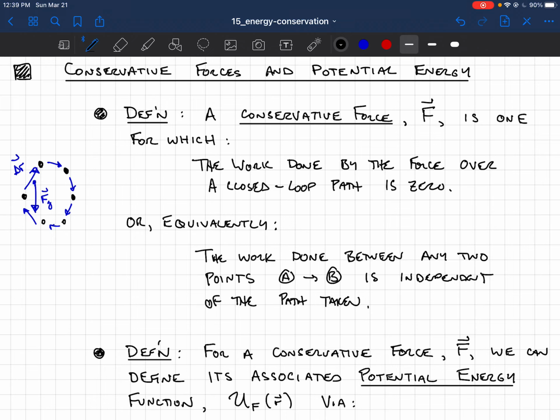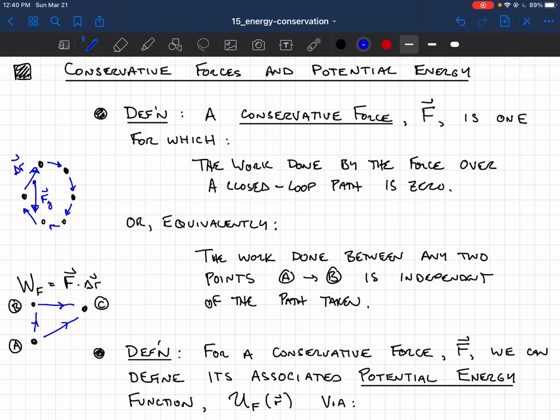So we talked about how work, as I just said in words, is equal to the force times the displacement. So the work depends on which particular displacement you choose to pick. And there's nothing that says that the work when going from point A to point C is the same as the work going from A to B to C. So those are two different paths that one could take.